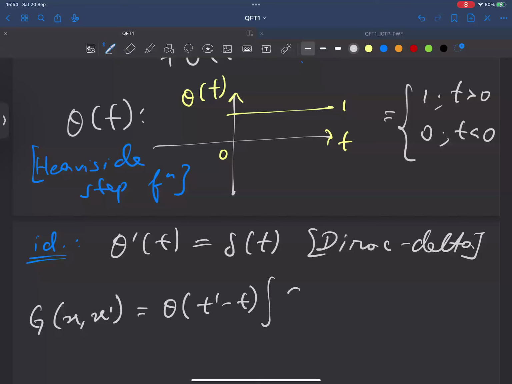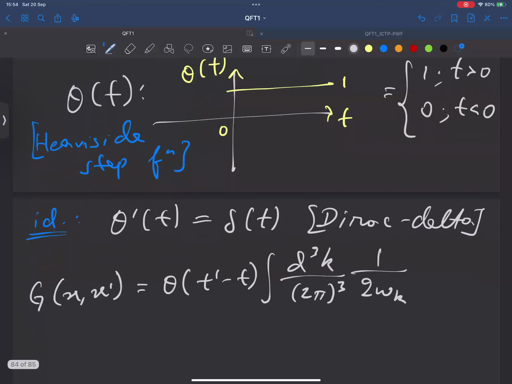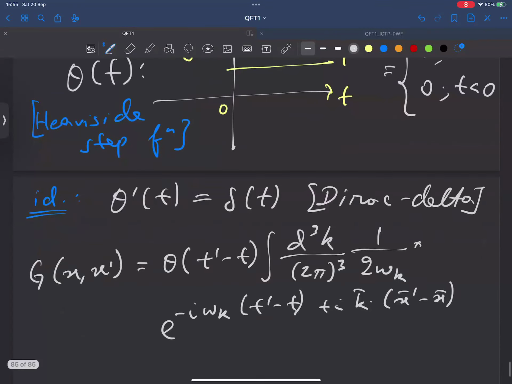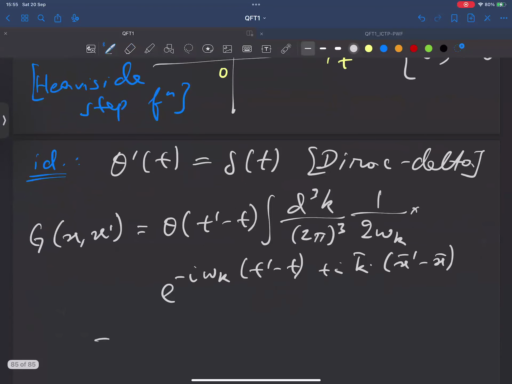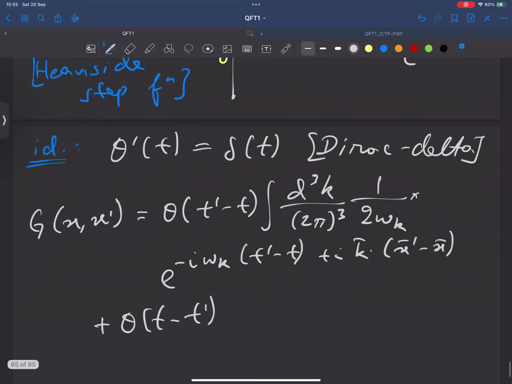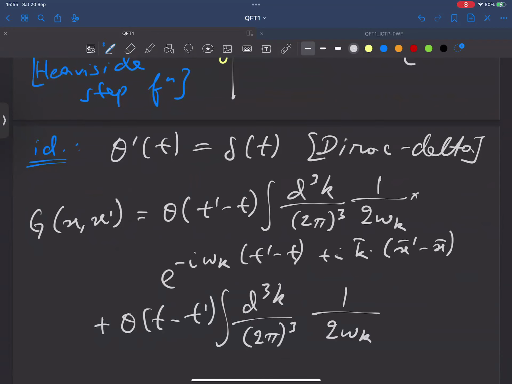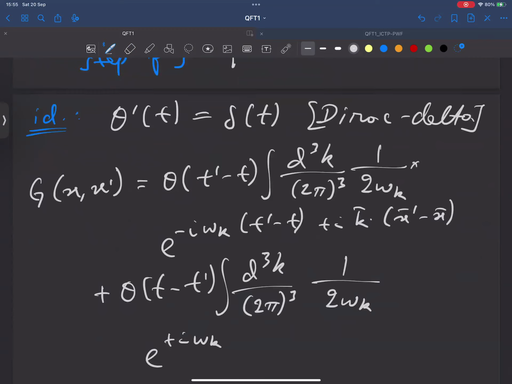Using the theta functions, we can now explicitly write G out as the integral of d3k by (2 pi) cubed, 1 by 2 omega k, e to the power minus i omega k (t prime minus t) plus i k dot (x prime minus x), and plus theta(t minus t prime) d3k by (2 pi) cubed, 1 by 2 omega k, with the opposite signs of what we wrote: (t prime minus t) minus i k dot (x prime minus x).